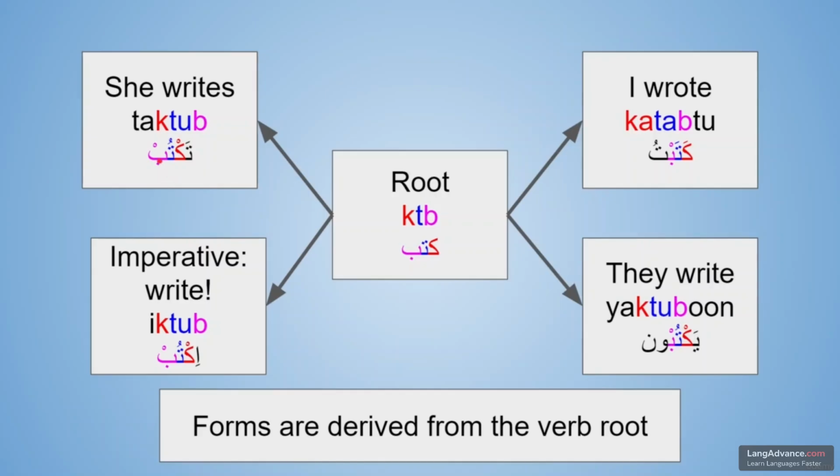So again, the three letters are there. And then the imperative is iktub or uktub. So it's also with the ka, ta, ba. All of them are derived from the verb root, but with different templates. So this is a whole new topic in Arabic morphology, which might be a whole new course on its own.